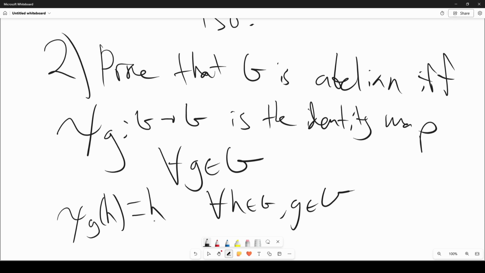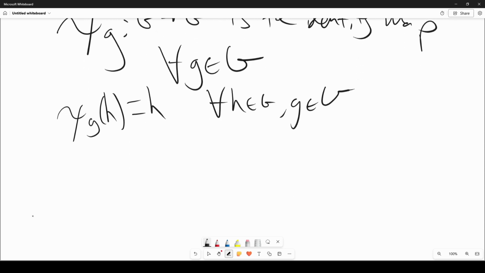Whatever g and h you choose, psi sub g of h is going to be equal to h.